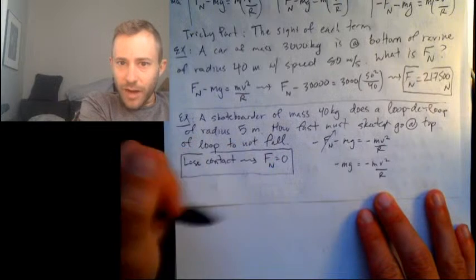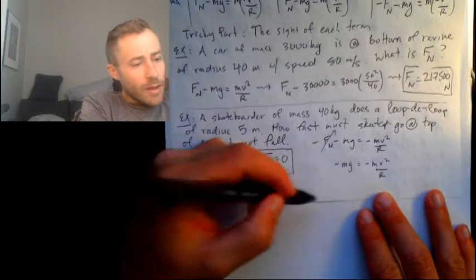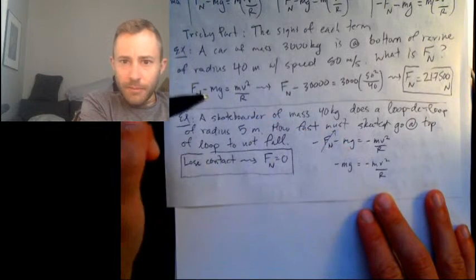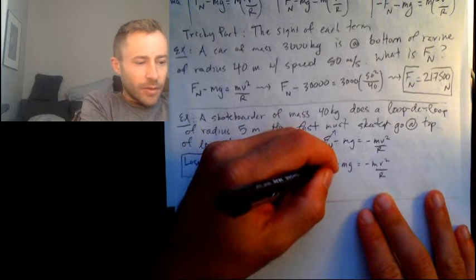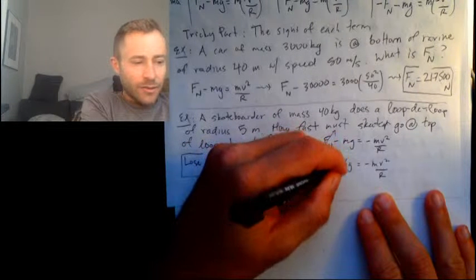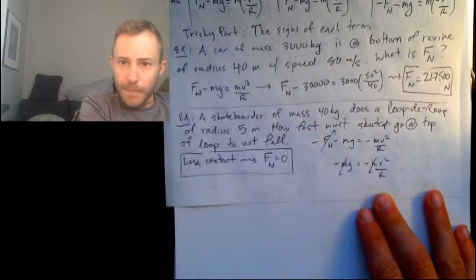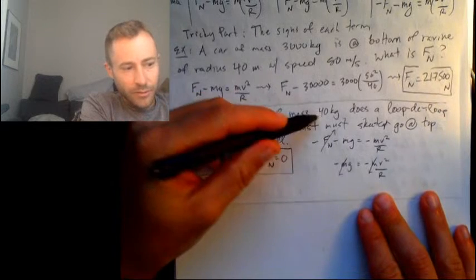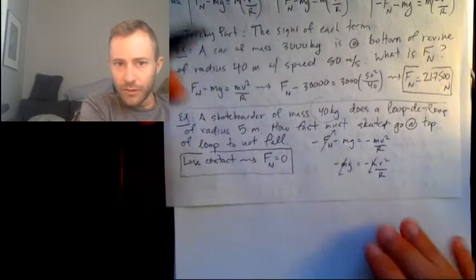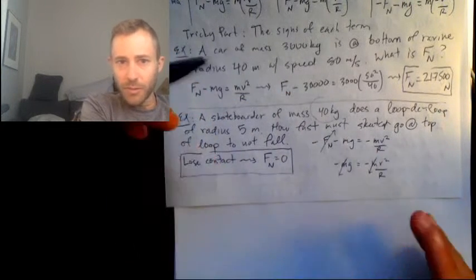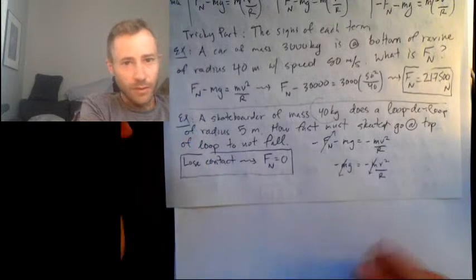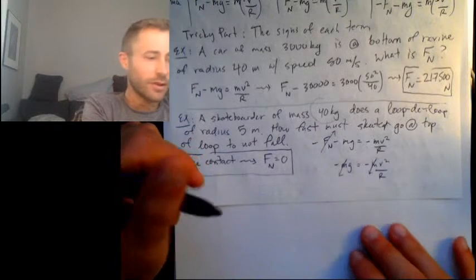So a couple of things are happening here. The negatives cancel out and they become positives, and the mass also cancels out. So I gave you the mass, 40 kilograms, but your answer would have been the same if it had been a skateboarder of mass 5 million kilograms, okay?